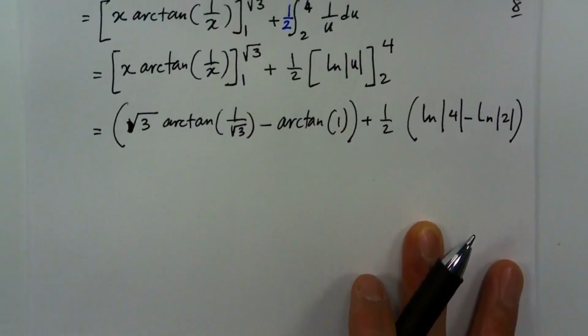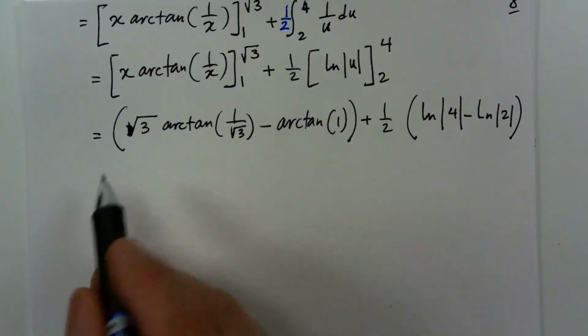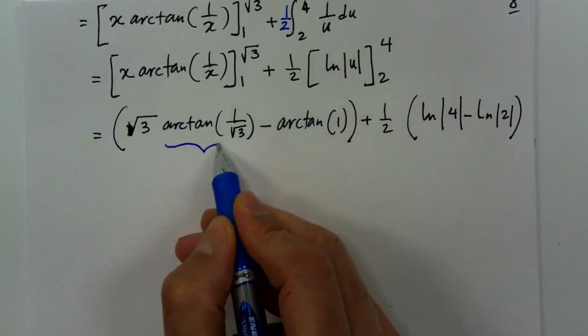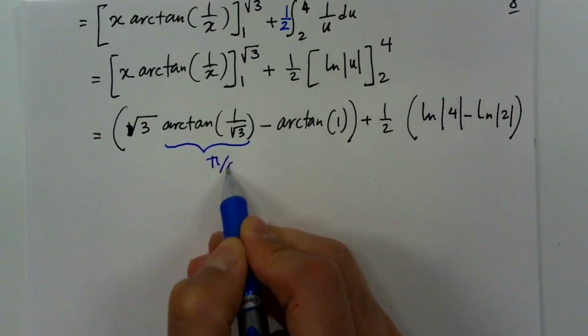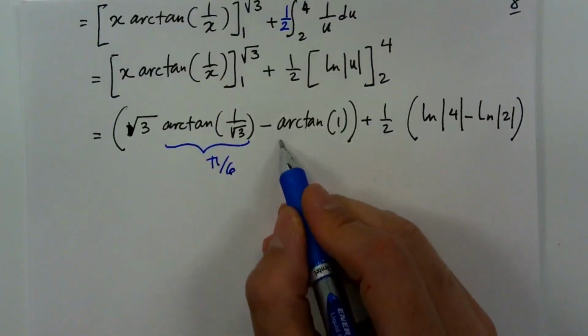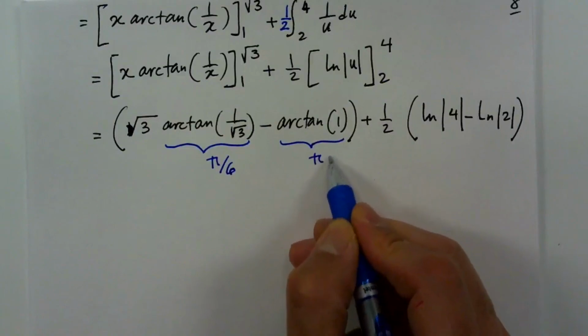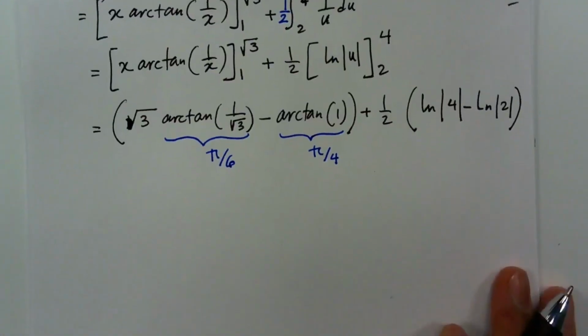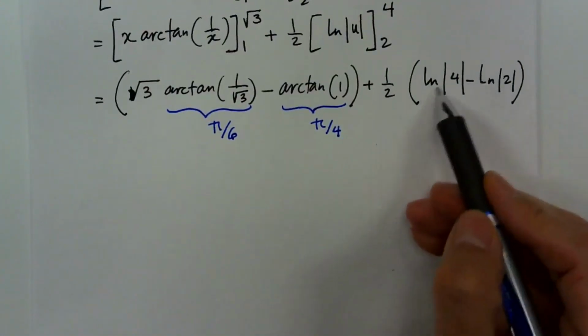All right, so now let's calculate these. We know that this here is just pi over 6. That angle is pi over 6, and this angle is pi over 4, right? And then the rest we can easily obtain from that. So we'll keep these as they are.